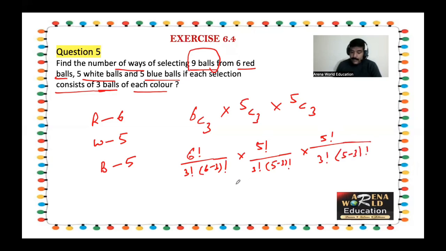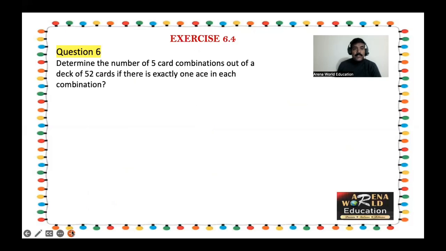I think now you can easily solve this question, so I am writing the direct answer. This will give you 20, this will give you 10, and this will give you 10 again. So the answer is 2000. So let us move to the next question.